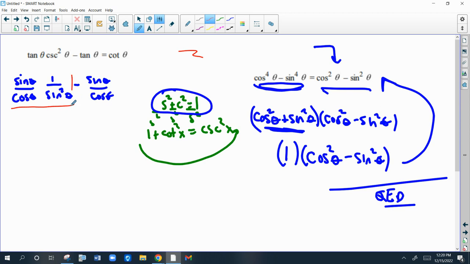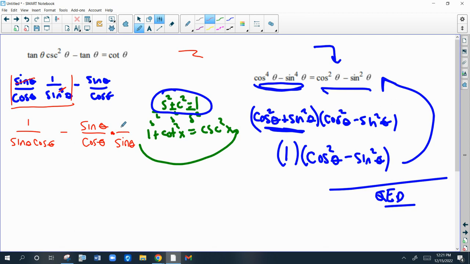So this is all multiplication. I can cancel this sine squared with one of these sines, and I'm left with 1 over sine times cosine on the bottom. Over here is sine over cosine. So when I subtract, I want to get a common denominator, and the common denominator is going to be sine times cosine. So all I need to do is multiply this one by sine over sine.